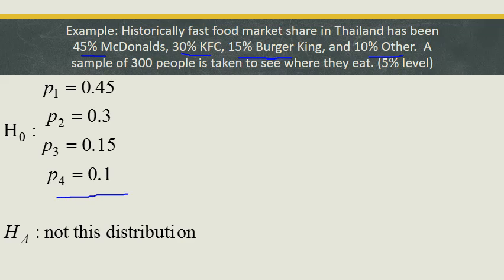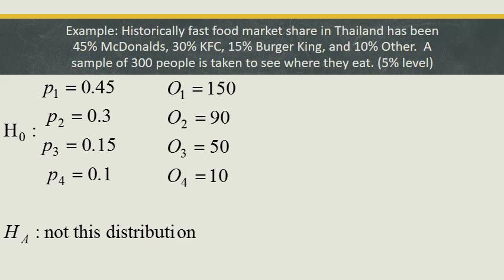And of course, these proportions all must add up to 1. And the alternative hypothesis is that the distribution of proportions is something else. And we're testing this hypothesis at 5% level.